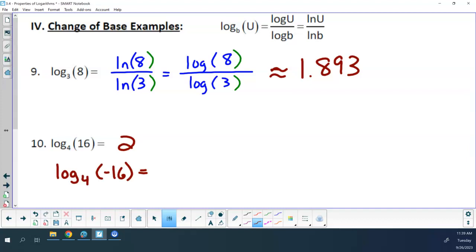Non-real calculations or an error if you're using a TI. If you're using the TI-30, did you get an error? Why would I get an error for this one? I got a positive base, right? Taking it to a positive power, I got to get a positive number.